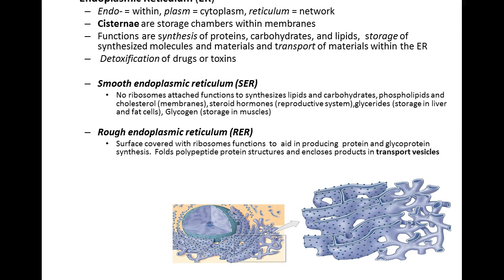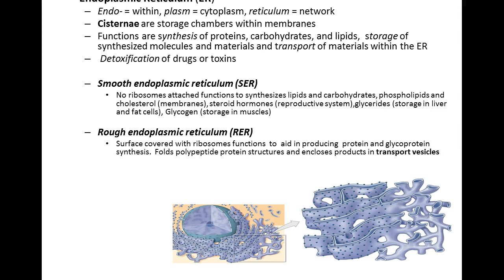Transport within the endoplasmic reticulum, because there are many steps to protein synthesis, and also carbohydrates and lipids. This is also where particularly some drugs and toxins are detoxified, so neutralized.